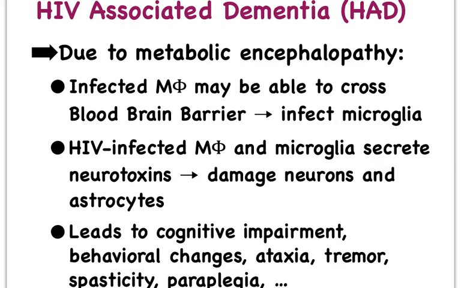Finally, people with end-stage AIDS are more than likely going to develop dementia, or HIV-associated dementia, abbreviated HAD. And what's happening here is that infected macrophages successfully cross the blood-brain barrier. All of our neurons are not fully exposed to our blood because our blood goes through too many fluctuations. There's all kinds of things present in our blood that would possibly damage neurons or cause them to fire too much or not enough.